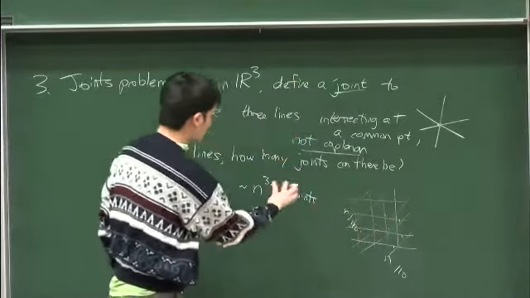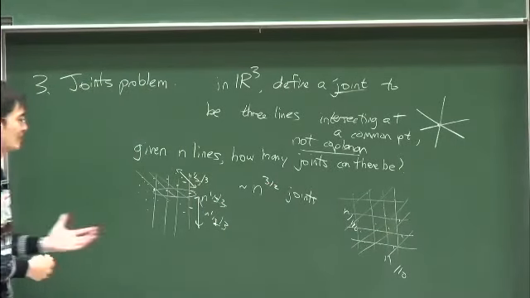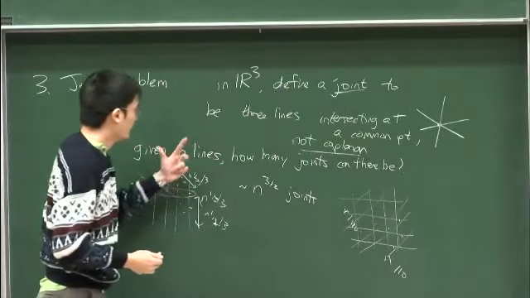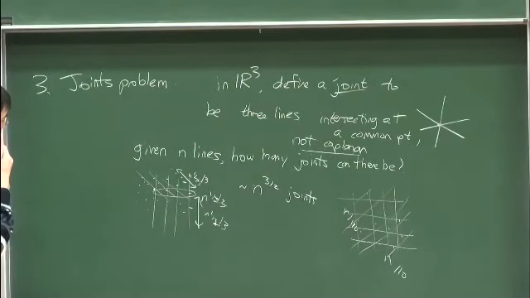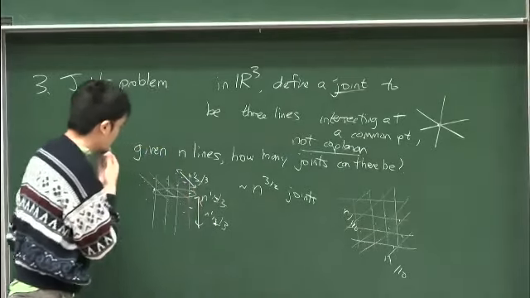And so I can get up to n squared degenerate joints where things are coplanar. But I'm excluding that. I don't consider coplanar triples of lines to be joints. I only consider non-coplanar ones to be joints.